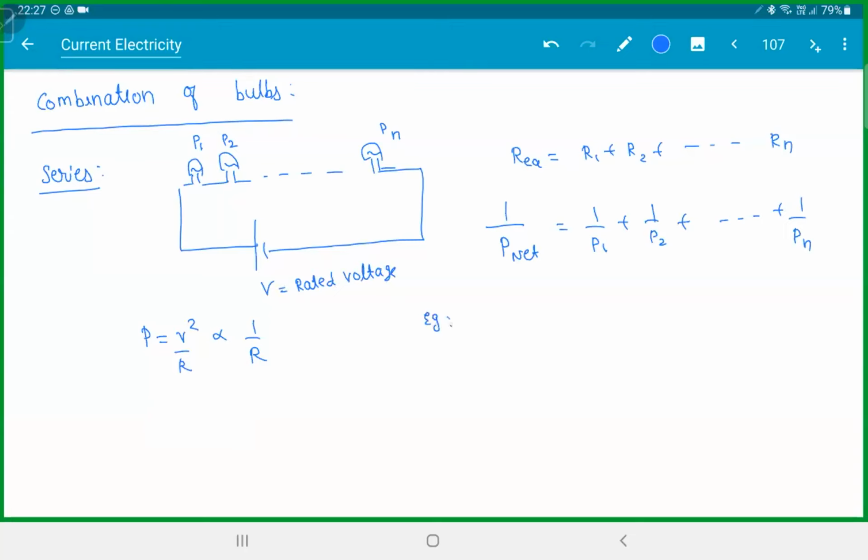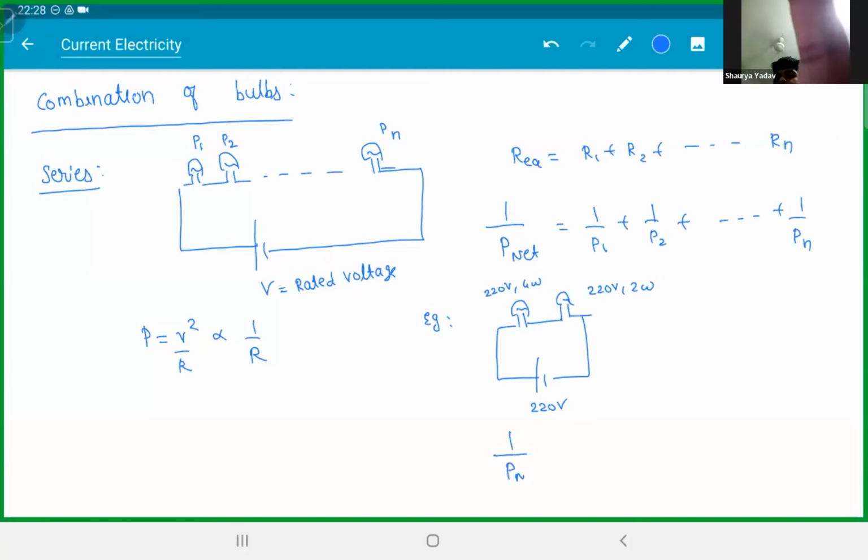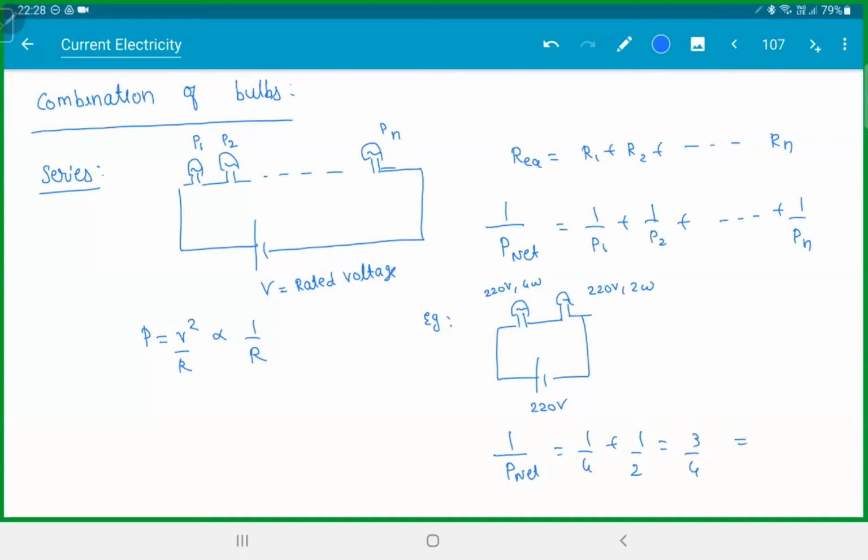For example, the question will be asked like this. They'll say there are two bulbs. Let's say this bulb is 220 volt, 4 watts. This bulb is 220 volt, 2 watts. Means individually, if you connect them, you get 4 and 2. What happens if you connect them both in series? 1 by P net will be 1 by 4 plus 1 by 2, which is 3 by 4.